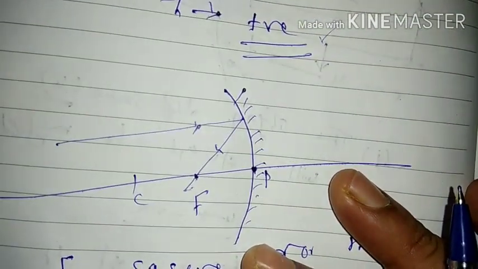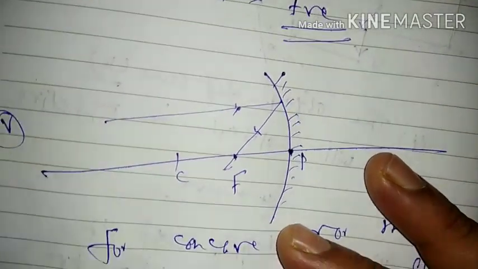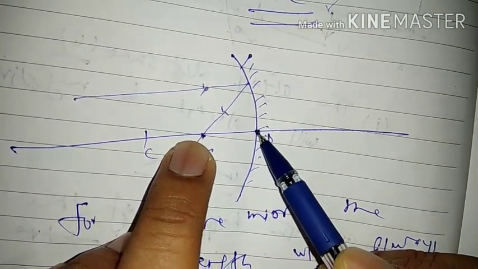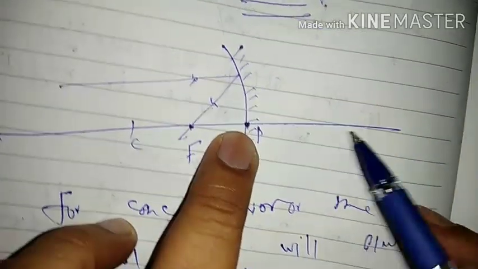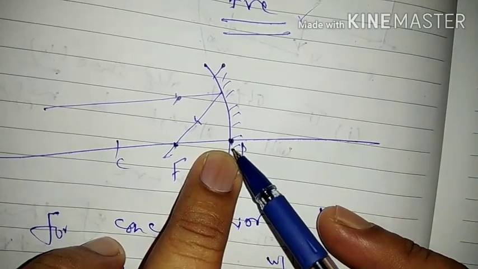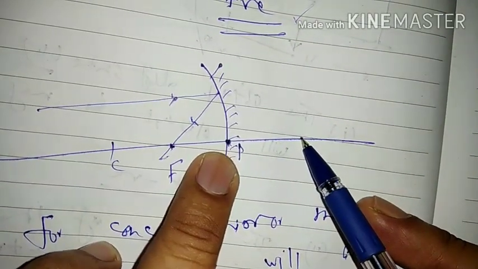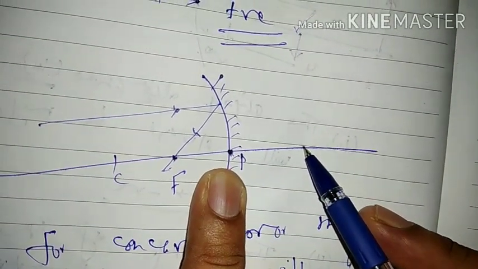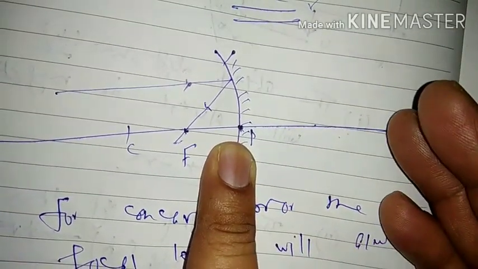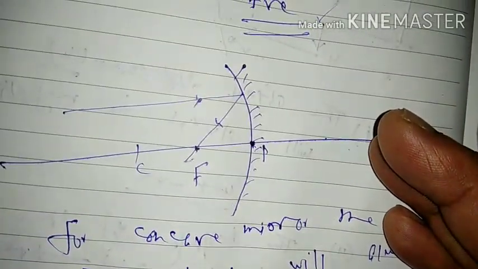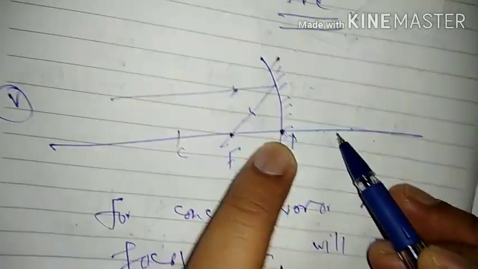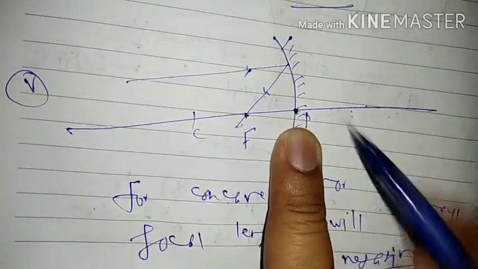But in the 6th case of concave mirror, what we have read, if the object is between F and P, then the image is formed on the opposite side of the mirror, that is to the right of the pole. So in the 6th case, the distance of the image will be positive. So in 5 cases, v will be negative for concave mirror, but in the 6th case, v will be positive.